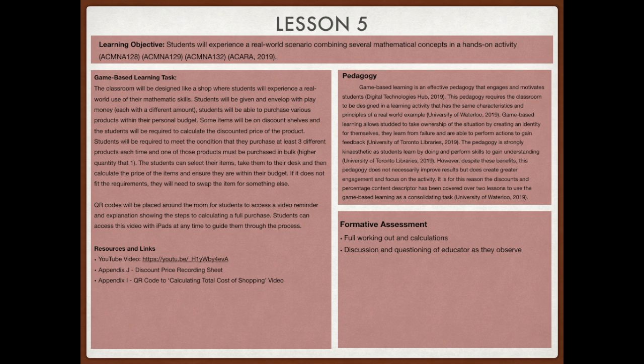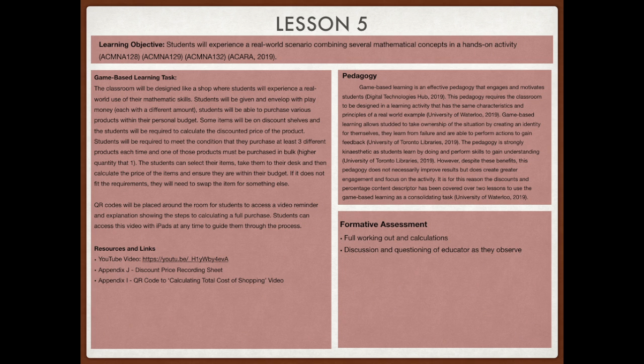If the students do need help and they're a bit lost on how to calculate this, they can use a QR code that would be placed in several different areas around the room. So they can use their iPad to scan the QR code, which will take them to a YouTube video which steps them through the whole process of calculating the buyer's experience.